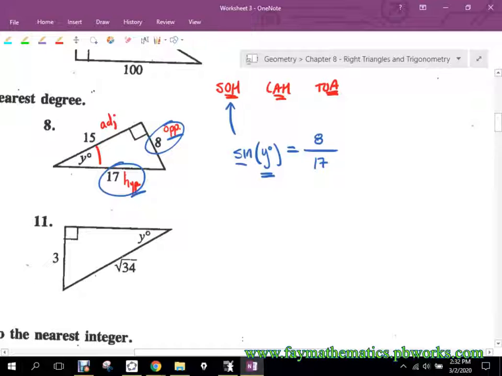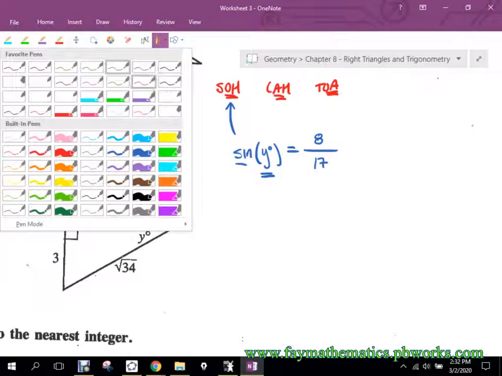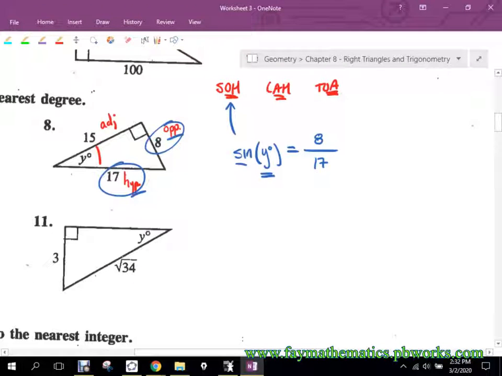Now, that y is stuck inside those parentheses. You cannot just let the sine disappear. You have to do something to get that y to be by itself. And it's much like, I think we talked about this last week.